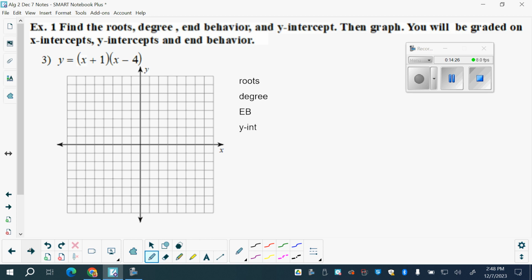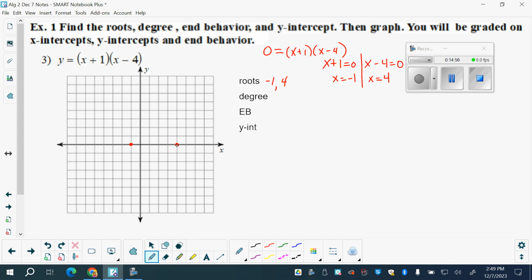Okay, to find my roots, set y equal to 0. And I get -1 and 4. What is my degree on this one?